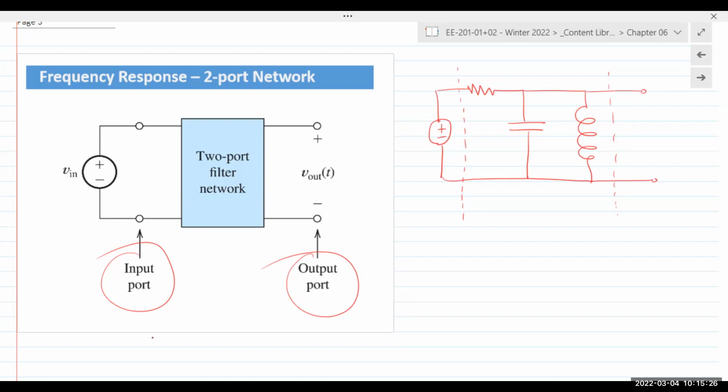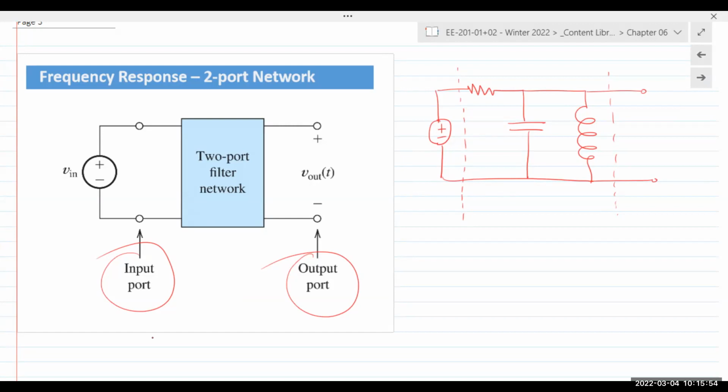You're going to combine the two terminals on each side of the circuit into what we call a port. So each port has two terminals, plus and minus, and it has two ports, one input port and one output port. And so we call this a two-terminal, two-port network.